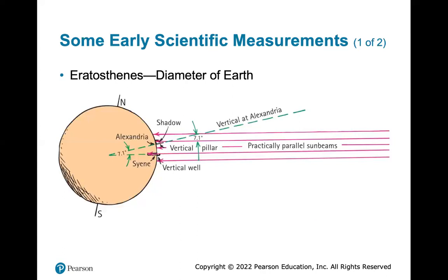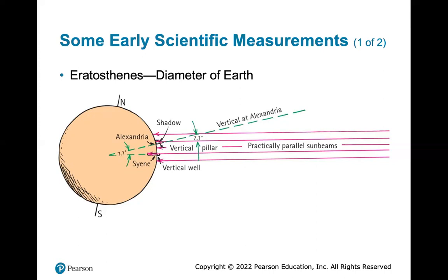Some early scientific measures: Eratosthenes, the diameter. He measured the diameter of the Earth. He noticed at noon, at a particular time of the year, the sun would go straight down to the bottom of a well with no shadow, so it was perfectly vertical relative to the well.